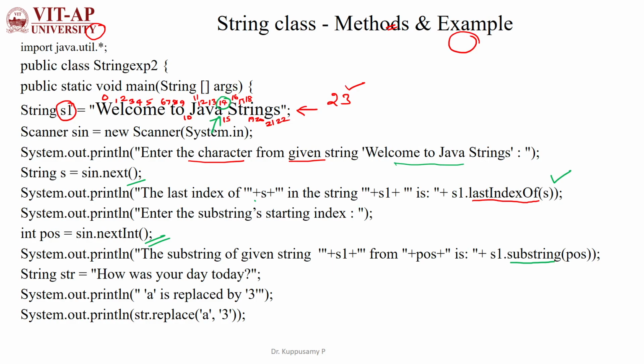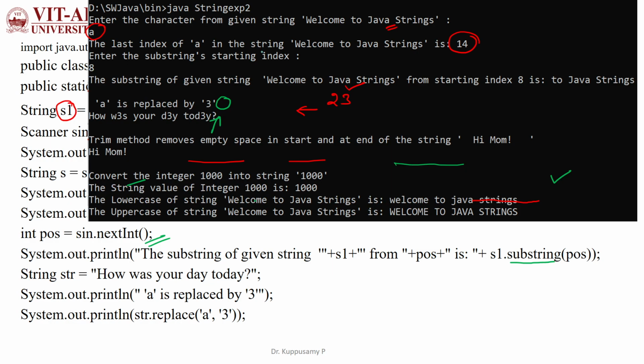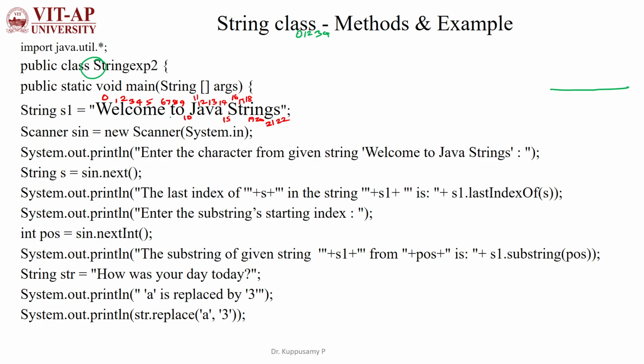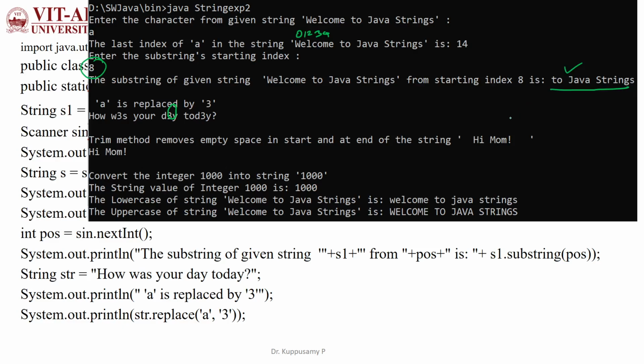For example, I have given the index value 8, so from this eighth position the substring "Java strings" is created. You see 0, 1, 2, 3, 4. I will show you here. The eighth index is this one, 2. So from the 2 we created the substring up to the length of the string.